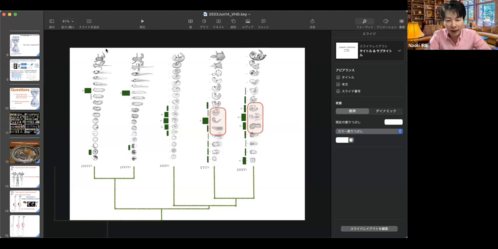Of course, developmental toolkit genes, including Hox genes, morphogen genes, and transcription factors, are detected in the mid-embryonic stage. But these were also detected in early and later stages, so it was not specific to mid-embryonic stages.